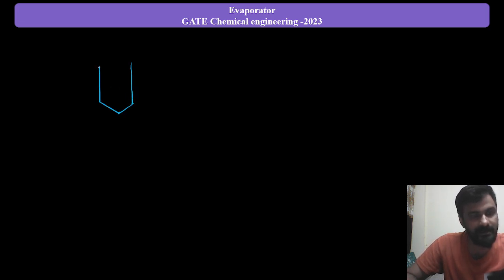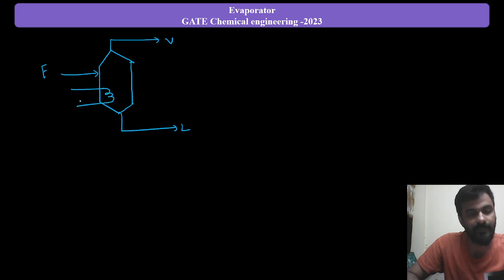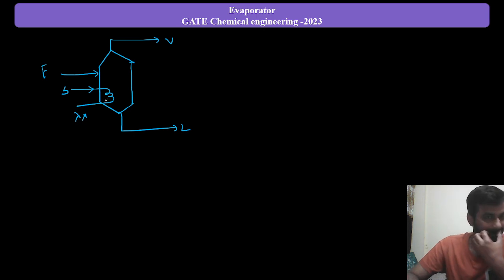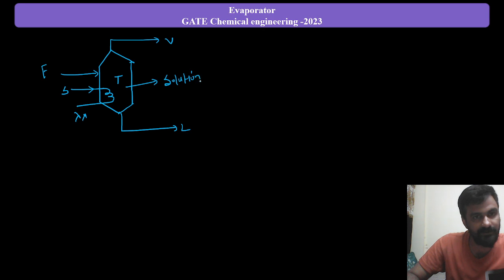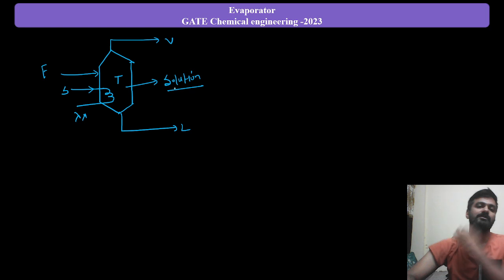Now, my dear student, one more thing that is very important. You have all studied some properties of solutions, right? So here if it is our feed, and the vapor goes out and the liquid remains, and steam is coming in having latent heat of vaporization lambda S, and the temperature here is T. Here our solution will be there, which is being evaporated, or we are trying to concentrate that solution, right?